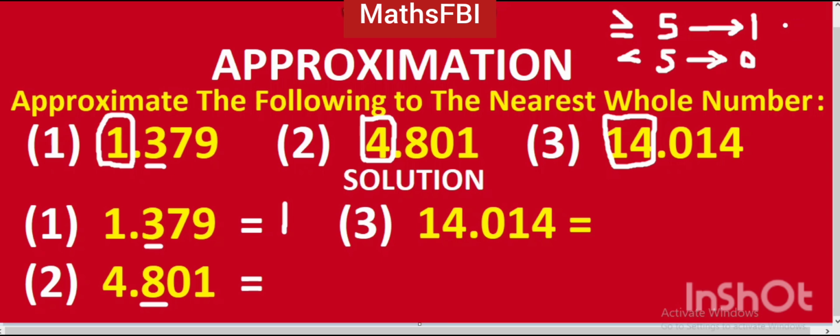So what we do is round this 8 up to 1, and then we add the 1 to the whole number. And so 1 plus 4, we get 5. So rounding all of these numbers, we round it up to 5.